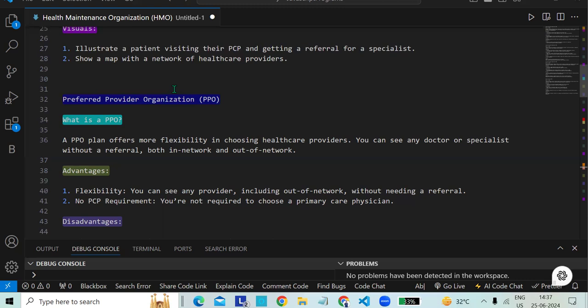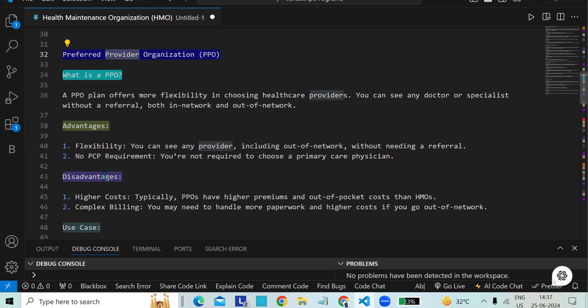In HMO, you need a PCP referral to meet the specialist physician, but in the preferred provider organization, you do not need anything. You can see any doctor or specialist without any referral. This is a very beneficial plan, the PPO, preferred provider organization. The name is telling you that you can prefer the provider.